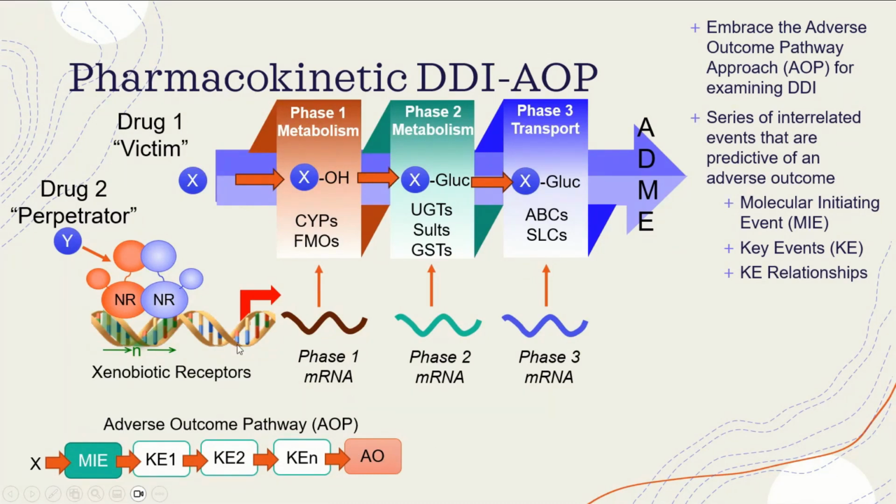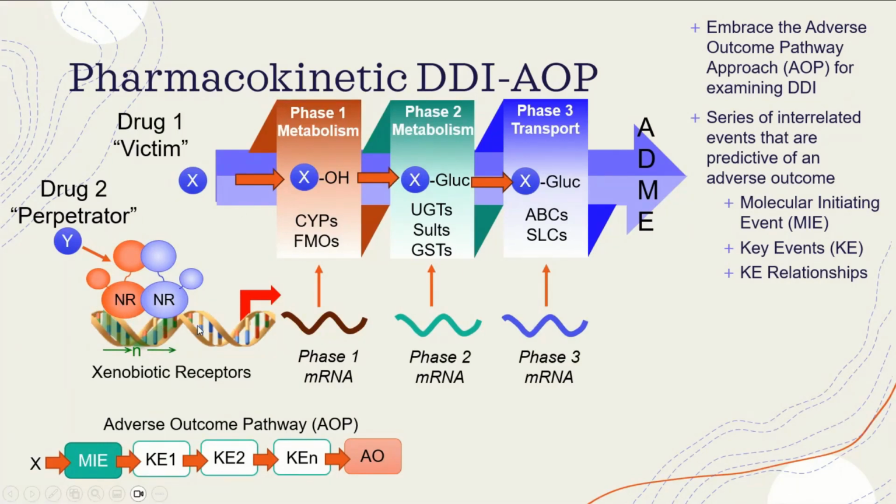So again, if we're thinking about this simplified pathway in the context of drug-drug interactions, what we're looking at here is our drug 1 victim, where it has a particular pathway that it's going through for absorption, distribution, metabolism, and excretion. But now we have a perpetrator drug that is interfering with this process.